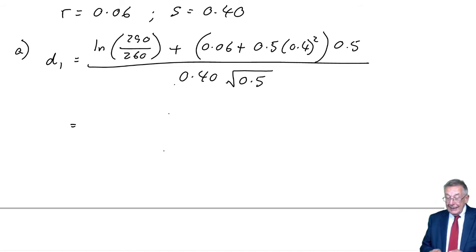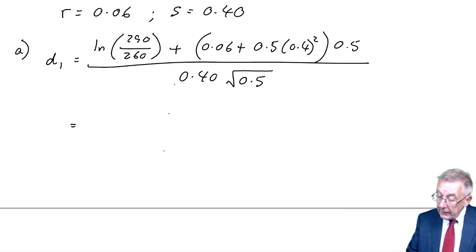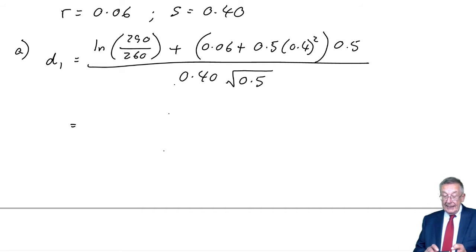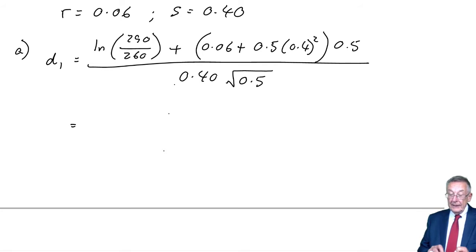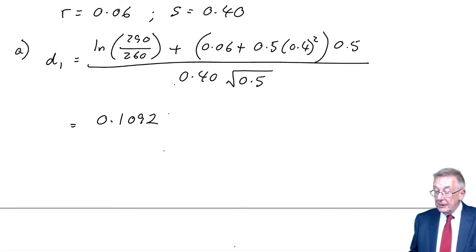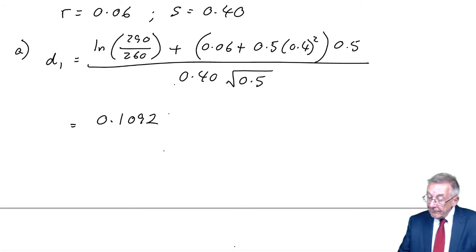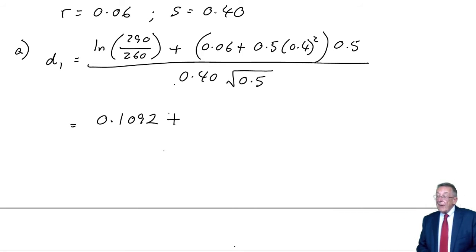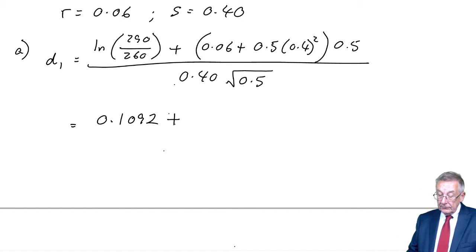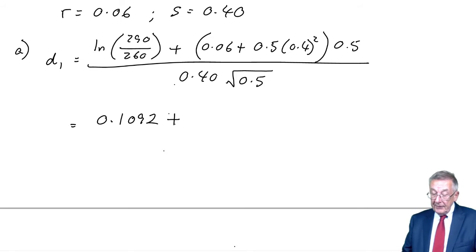Now let's do the solving. Log 290 over 260. I've got an ln button, so ln brackets 290 divided by 260 comes to 0.1092, plus, I'll try and do all of that at once. If I start at the end, it's 0.4 squared times 0.5 plus 0.06.